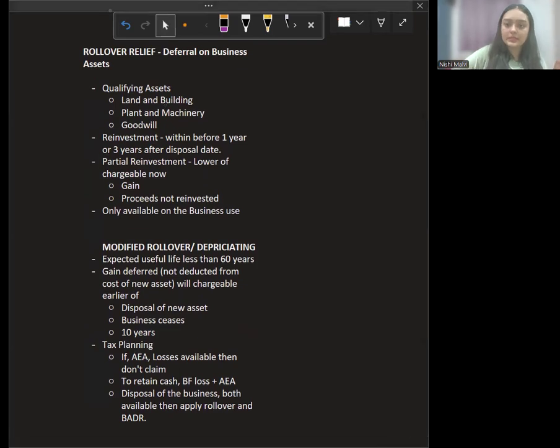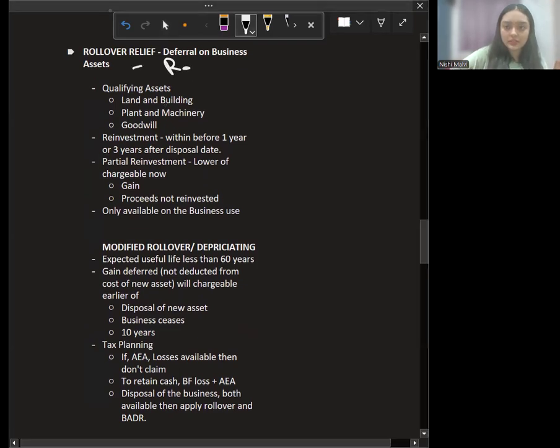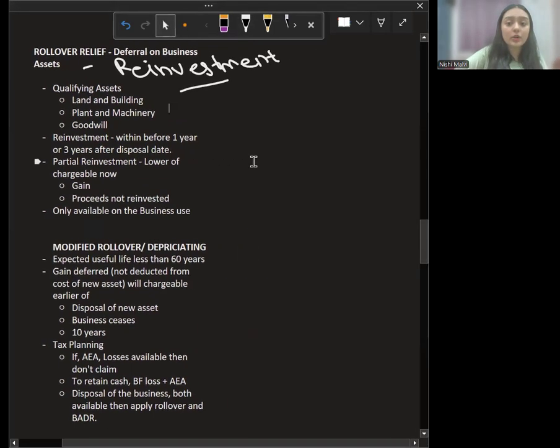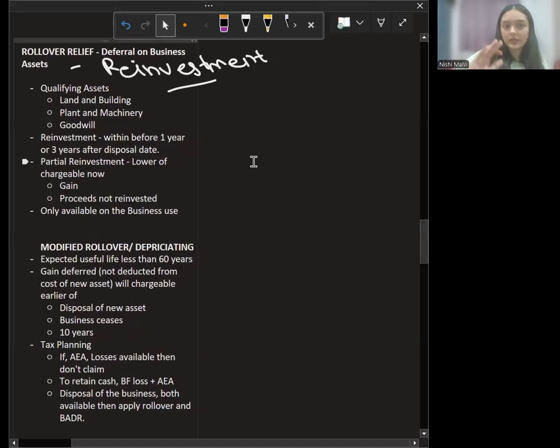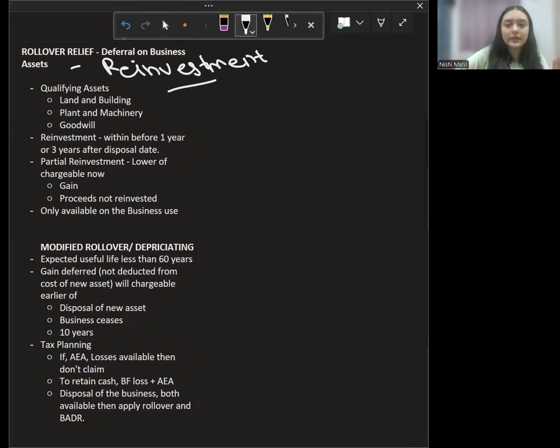Please understand, this is only at the time of the reinvestment. And the reinvestment should be in qualifying assets only. It's not the same asset: if you sold land and building and you reinvested the money into plant and machinery, then it's fine, you can claim the rollover relief. Now, for the reinvestment there is a condition.